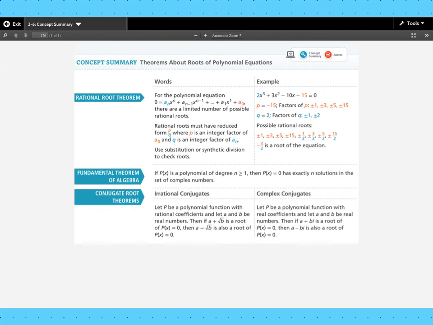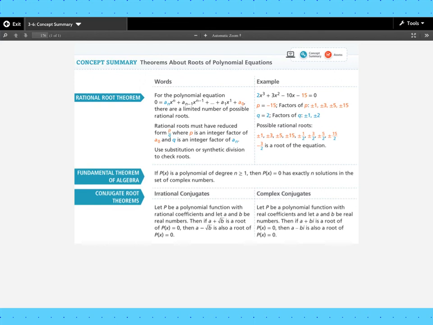So this is the concept summary for this unit. It's got a lot of information here. We went through quite a bit, spent quite a bit of time on the rational root theorem. Remember, the rational root theorem points out the possible solutions by using the leading coefficient as well as the last term, the constant term in your polynomial function.